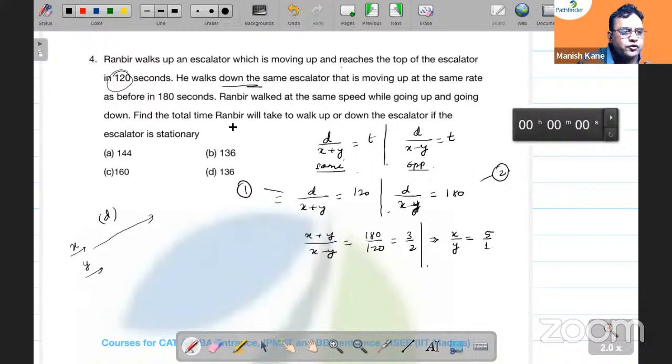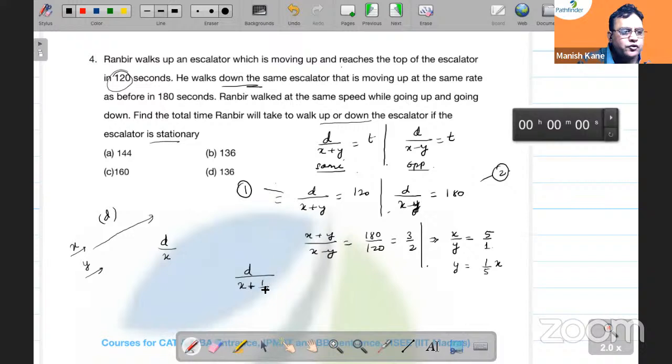Now you are asked, find the total time Ranbir will take to walk up or down the escalator if the escalator is stationary. So this time must be distance upon speed, so you need the value of d upon x. We start with any of these two equations. We get d upon (x plus y), where y is equal to 1 by 5 x.